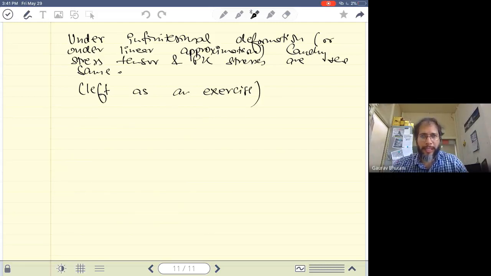Under linear approximation, the Cauchy stress tensor and PK stresses are the same. Under finite deformations, they may not be the same. Okay, so we'll stop here today. If you have any questions, please feel free to ask.